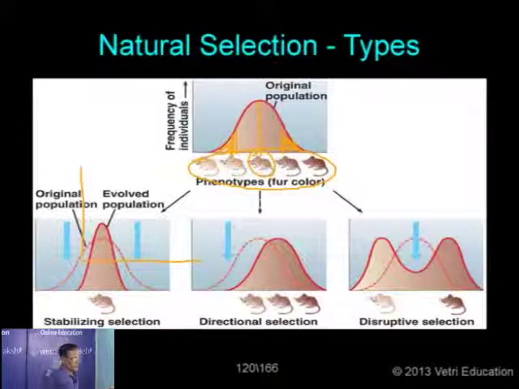That is, the rat with the medium fur color is maintained. That is, the pressure is against the extremes, eliminating, for example, the individuals with light fur color and also dark. So, as it normally operates from the periphery towards the center, this type of selection is also called centripetal selection.